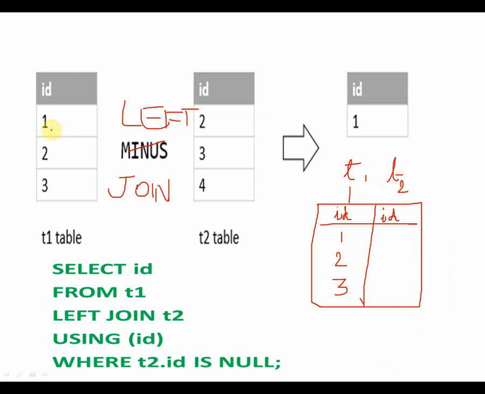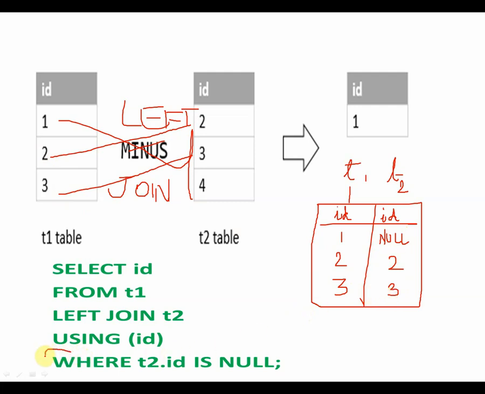For 1, there is no match in this table, so this will be null. Whereas for 2, there is a match here, and for 3 there is a match as well. So this is the output of the left join.